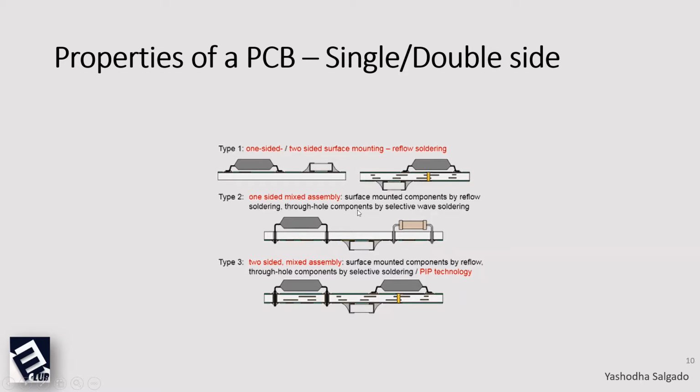This is one side mixed assembly, because on each side there is one type of component, either THT or SMT, right? Then type 3 is two side mixed assembly, because on one side there are both types of component, right? This one is a THT component and this is an SMT component, and the bottom side also has some SMT components.